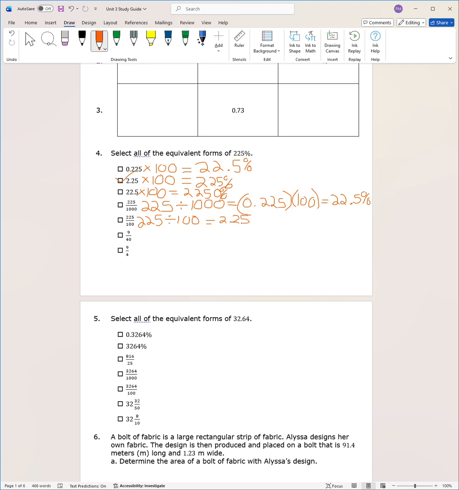And again, to turn our decimal into an equivalent percent, we're going to just take our decimal and multiply it by 100. So when we multiply this by 100, we get 225%. Hey, that's what we're looking for here. So this works.